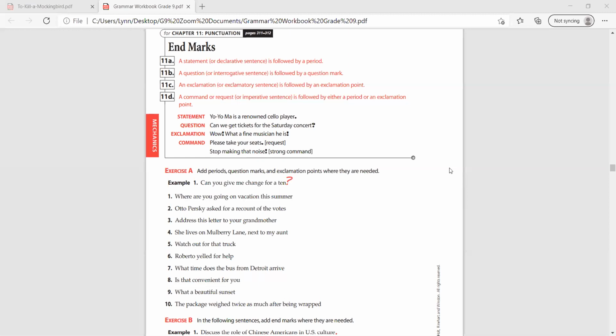When did Alan Keyes run for president? A question mark. Okay. And terrific, here's another coin for my collection. A period at the end. Okay.